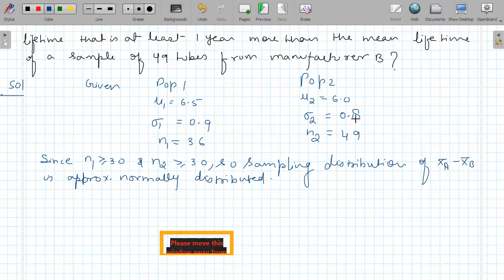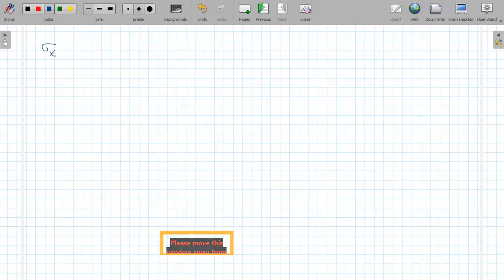Okay, and the mean of this distribution will be the difference between the two population means, 6.5 minus 6, 0.5 years, and the standard deviation is sigma x A cap minus x B cap, the square root of sigma 1 square upon n1 plus sigma 2 square upon n2.